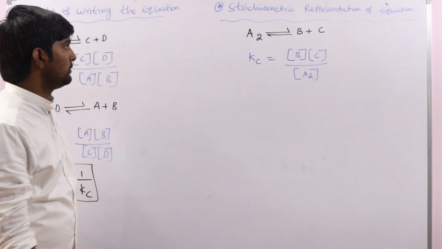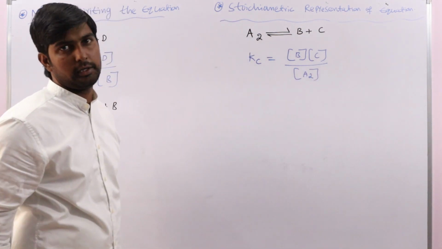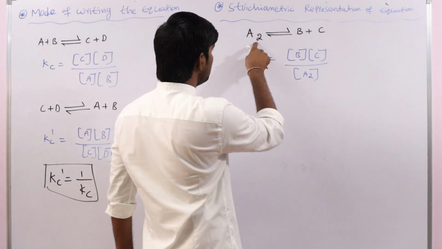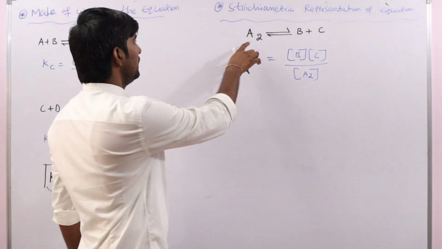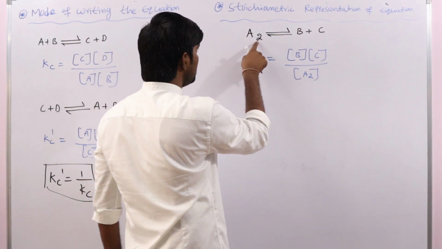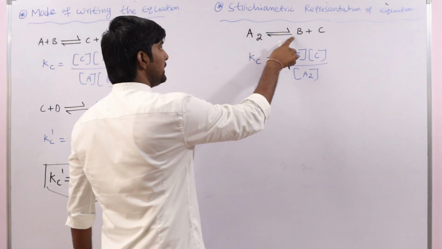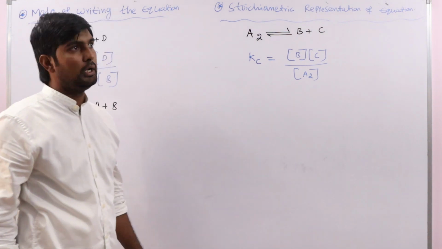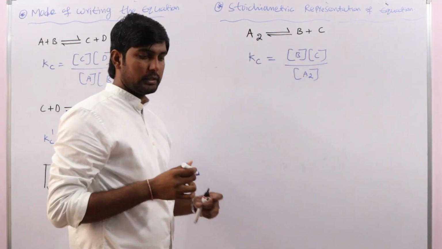Many students make a mistake here, writing these numbers in the power, that is not correct. This number gives information about the molecular atomicity. So just write it this way, never write this number in the power. Only in the power we put stoichiometric coefficients. Now this is the Kc expression for this reaction.